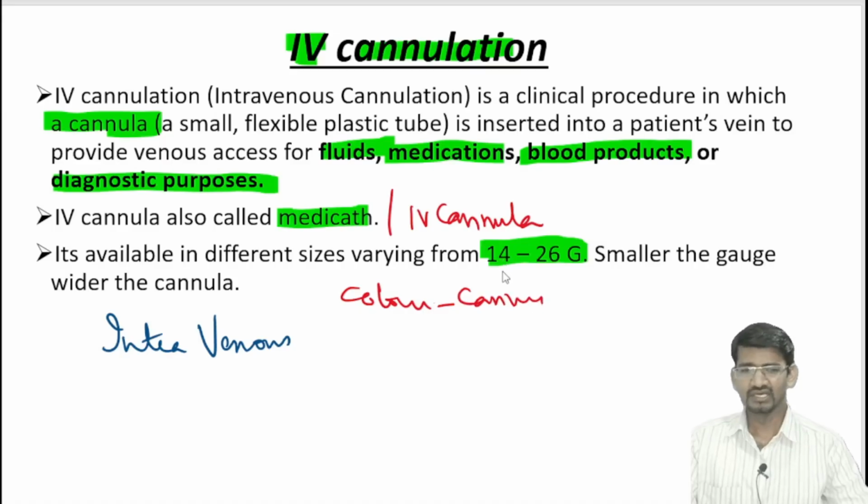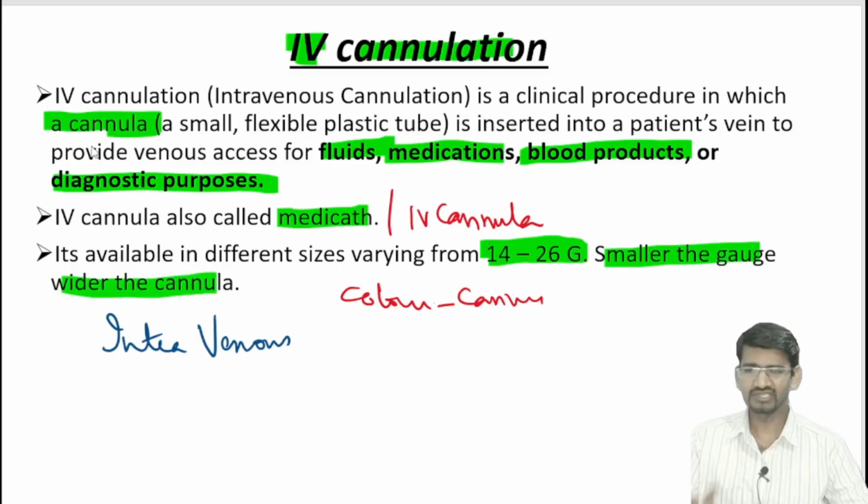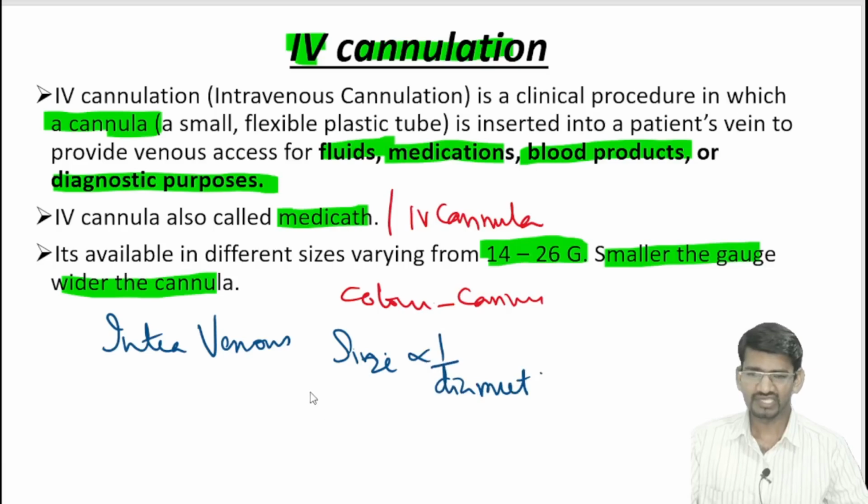See, as the size of the cannula, that is the gauge, gets smaller, the diameter gets increased. The smaller the size, the wider the cannula. Wider means the diameter. So the size of the cannula is inversely proportional to its diameter. If the size increases, automatically the diameter decreases.